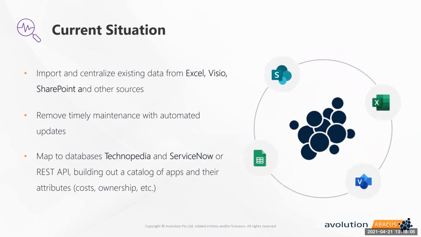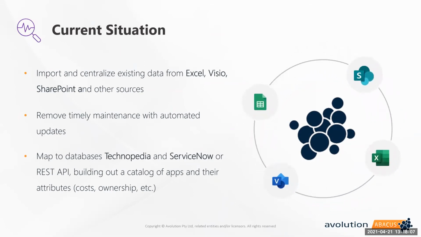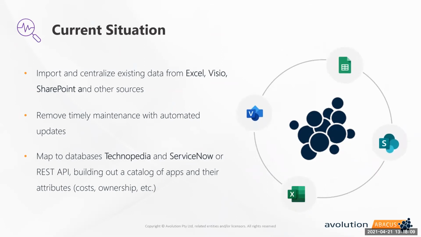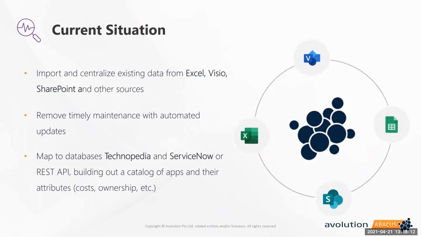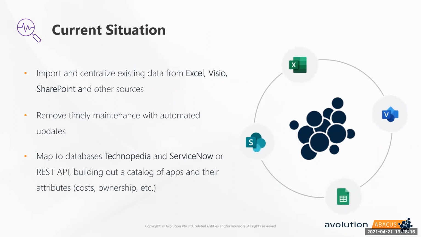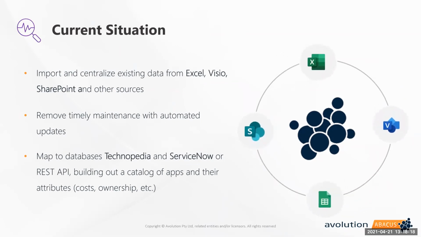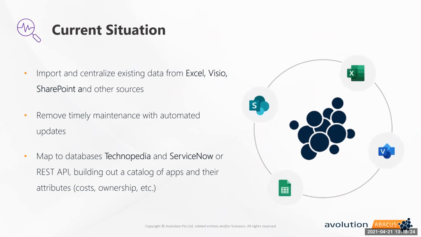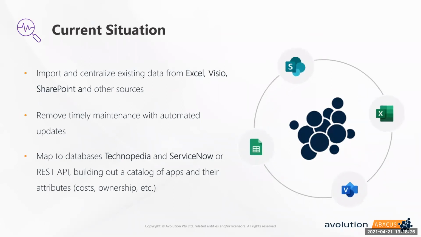So to reiterate, the data we need needs to be centralized. So whether it's through Excel spreadsheets, Visio diagrams, connecting to other service providers, building a model of the current situation is imperative. Having the current situation allows us to build on top of that.